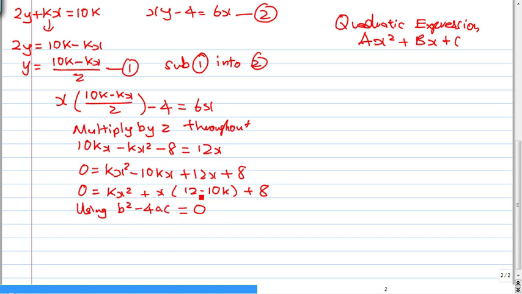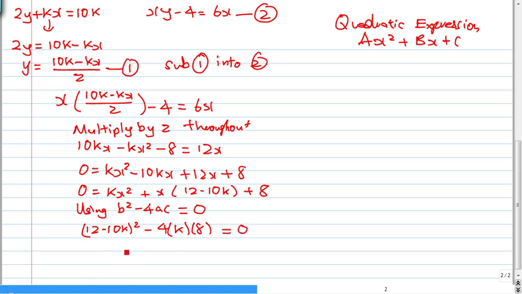So in this case, b, okay, bx, b is 12 minus 10k, minus 4, a is just k, and c is 8 equals 0.